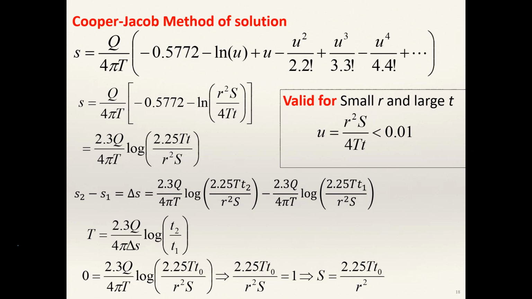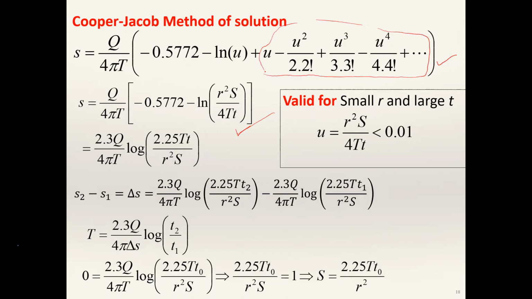Now, this is the original Theis equation, right? So, what Cooper and Jacob suggested is to assume this equation can be simplified like this. Is it reasonable to assume it like this? If you assume it like this one, that means you are forgetting this part of the equation, which may not be true.